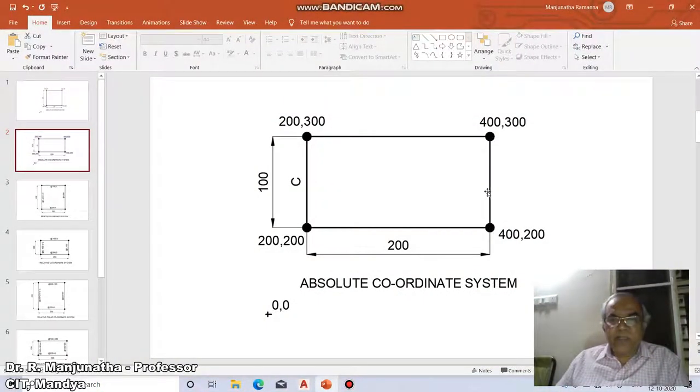Again, you are moving along the direction of the UCS y-axis, but x remains the same. What is the position of the new point with reference to the origin? From here to here it is 200, and from here it will take 100, so it becomes 400, 300.